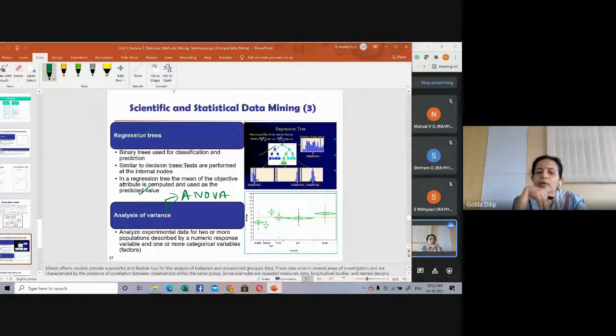ANOVA. The full form is analysis of variance. Rather than going into details of what this ANOVA test is about and working out a problem, let me make you understand where this is being used. If you consider certain decision making situations, the sample data may be divided into various groups.